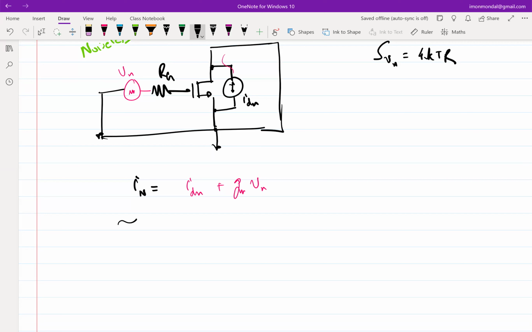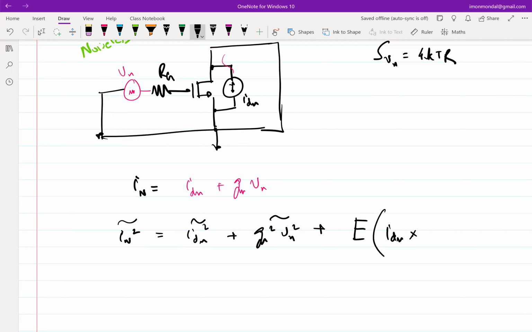So if I do the squaring, I am going to get I_DN squared plus G_M squared V_N squared, plus I'm going to get another term, the expectation of I_DN times G_M V_N. I'm skipping multiple steps because this will come to 0.